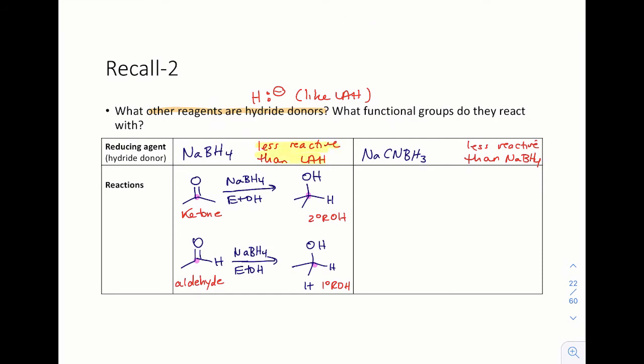Although sodium borohydride is less reactive than LAH, it still reduces ketones and aldehydes to secondary and primary alcohols, donating hydride to the carbonyl carbon, and it does so in the presence of an alcohol solvent or even water. And that's partially how we know that sodium borohydride is less reactive than lithium aluminum hydride. Sodium borohydride is compatible with mildly acidic protons, whereas lithium aluminum hydride certainly is not.